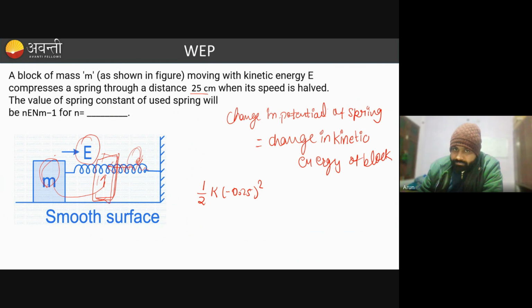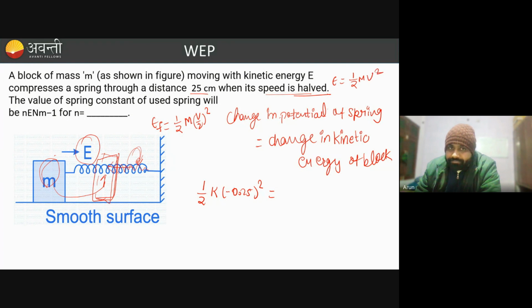Okay, is equal to, now this change in kinetic energy, we will calculate as E final minus E initial. So E final, because now the speed is halved at this particular time, will be 1 by 2 times m, V by 2 whole square. And initial will be E, which is 1 by 2 mv square, let's say.